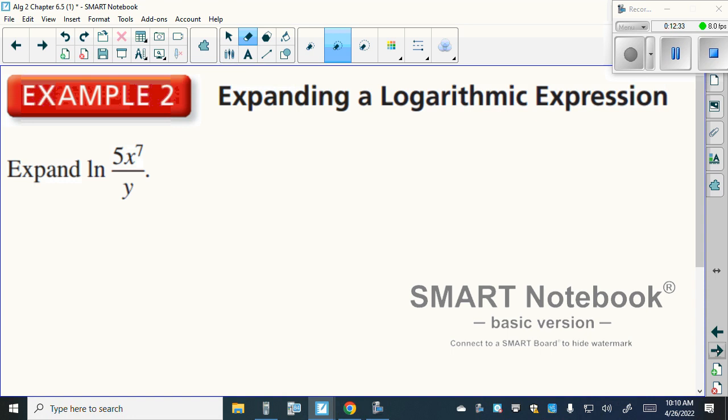So we're going to skip those few and look at this one here. This one here is just wanting us to expand it. So we're using the product, quotient, and power rules to expand this all the way out. And when we look at this here, in the order that we're going to expand, the first thing we will use is quotient, our division property.